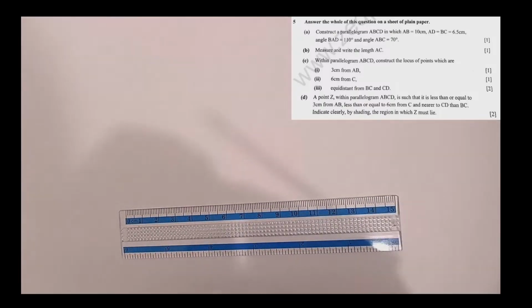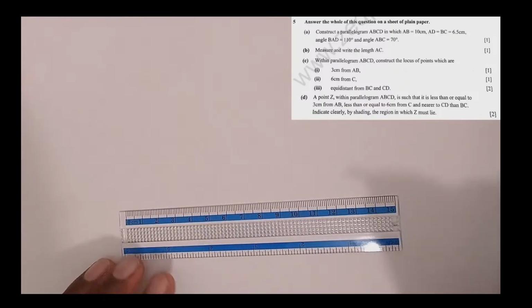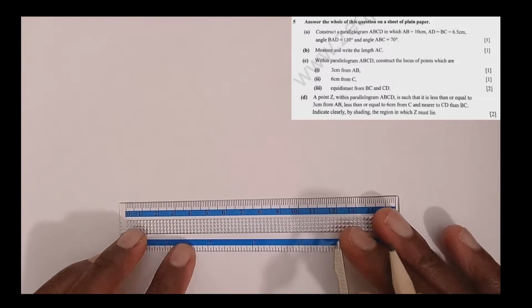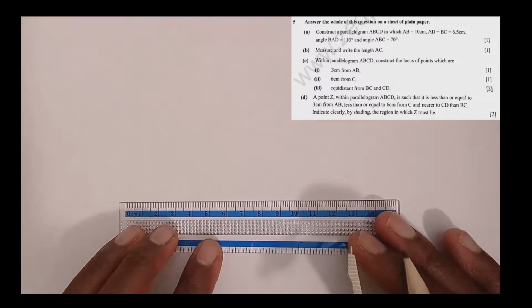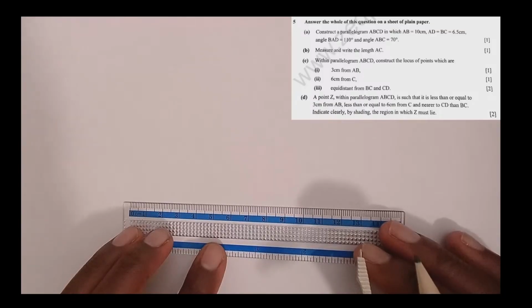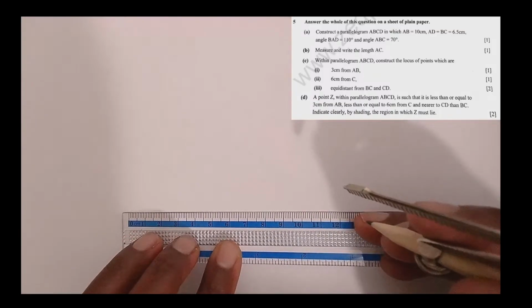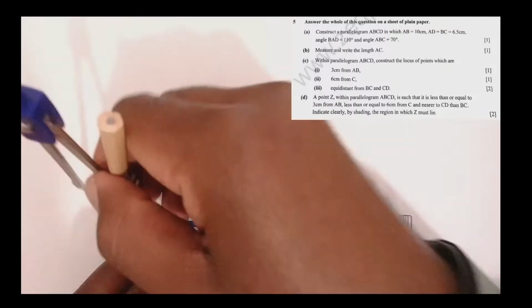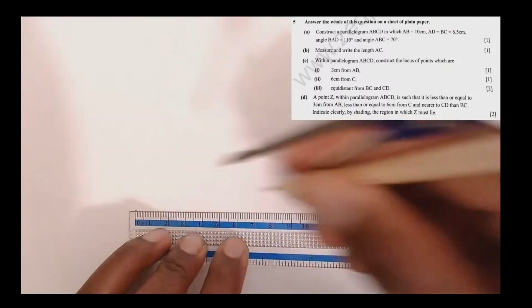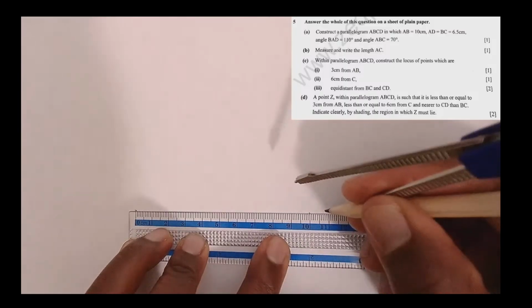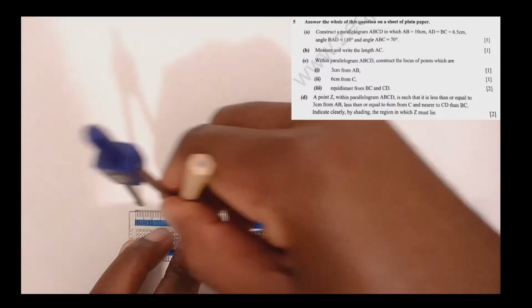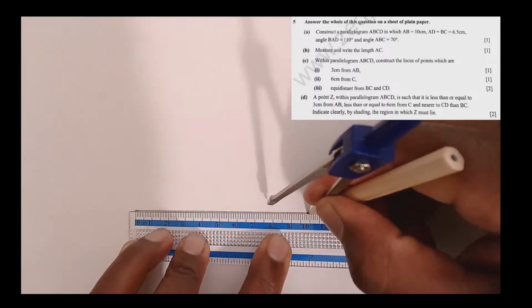So we want AB, which is 10 centimeters. So let us go ahead and put it right here. Okay, so 10 centimeters, right? So I have my 0 here and my 10 here. So let me connect these 2 points like that.